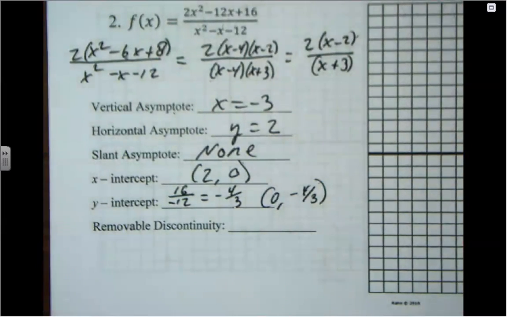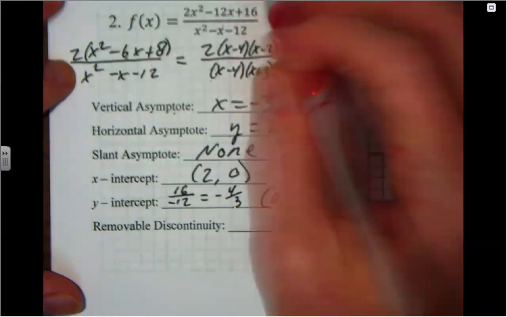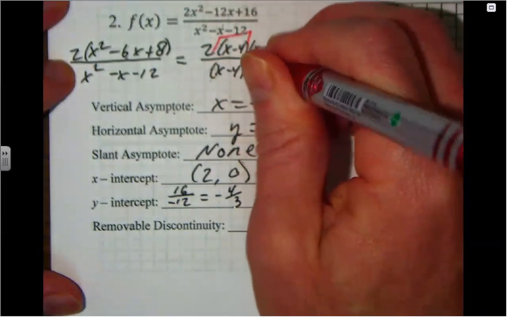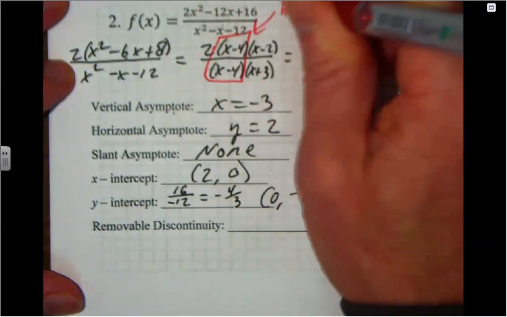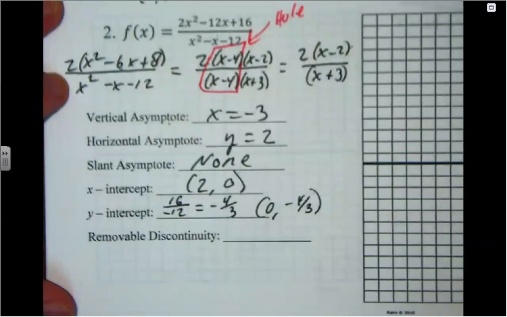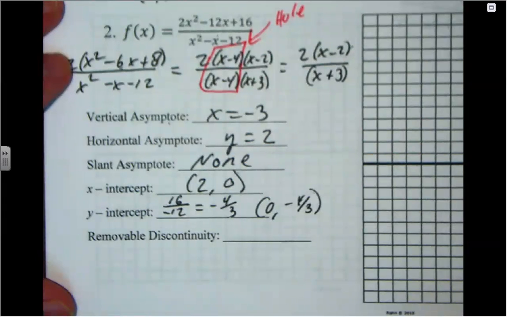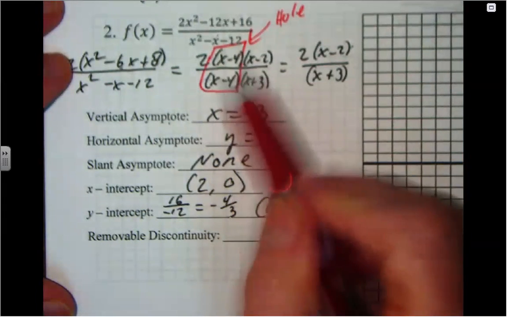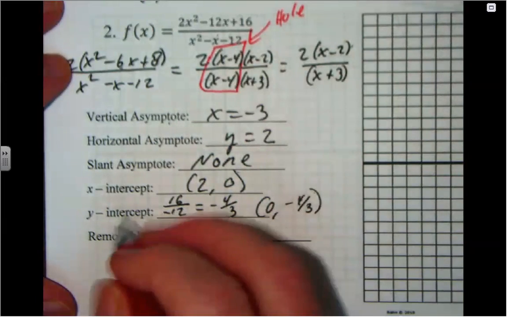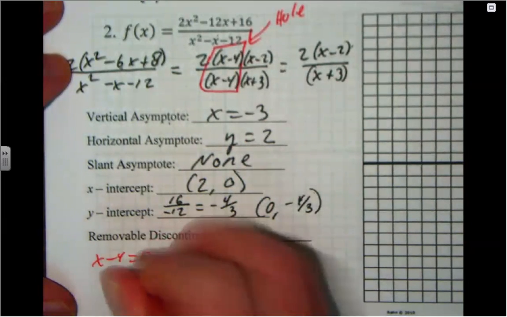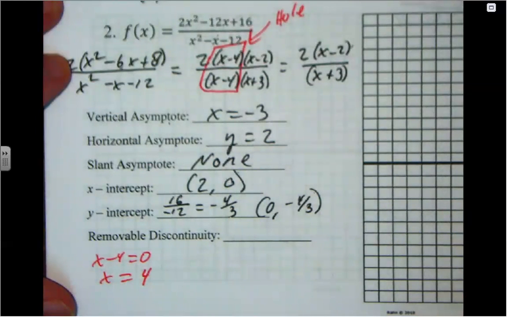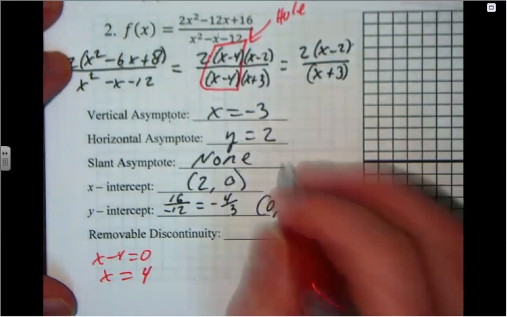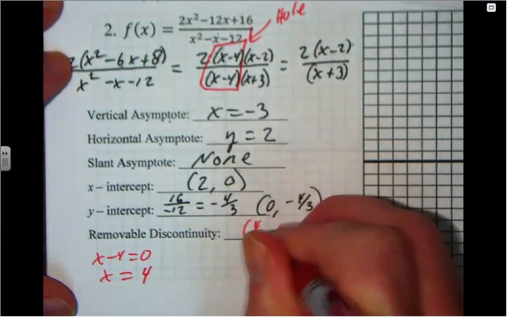And here is one that has a hole, because notice when those x minus 4s cancel out, that tells you you have a hole. And it's located when you set that equal to 0. So if x minus 4 equals 0, then x equals 4. So I know the hole is going to be at 4 comma something.